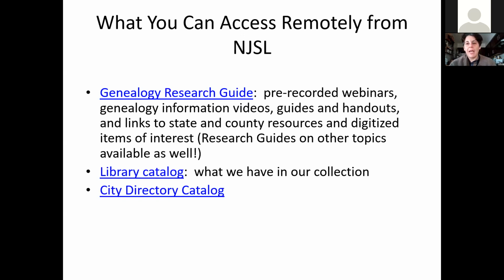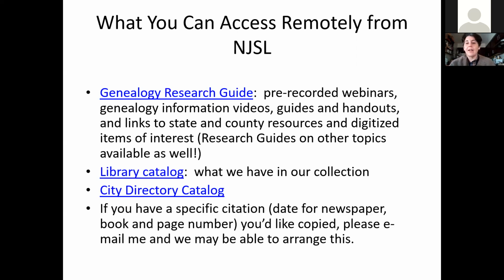Our city directory catalog is not part of the main library catalog. It's a PDF document that you can look at. It's more of a guide to what we have, but it might be useful if you want to do a digital reference request where you want us to do a lookup for you. You can check ahead of time and see what exactly we have available for you.